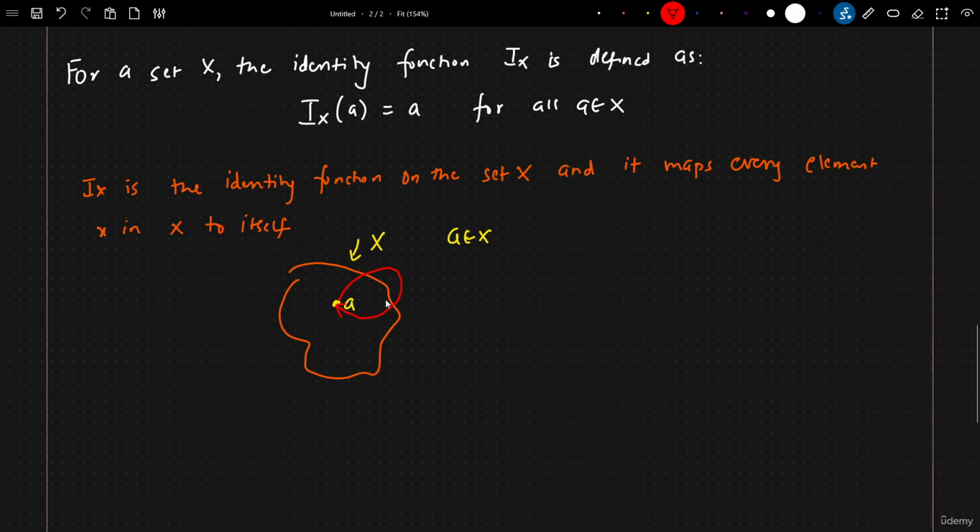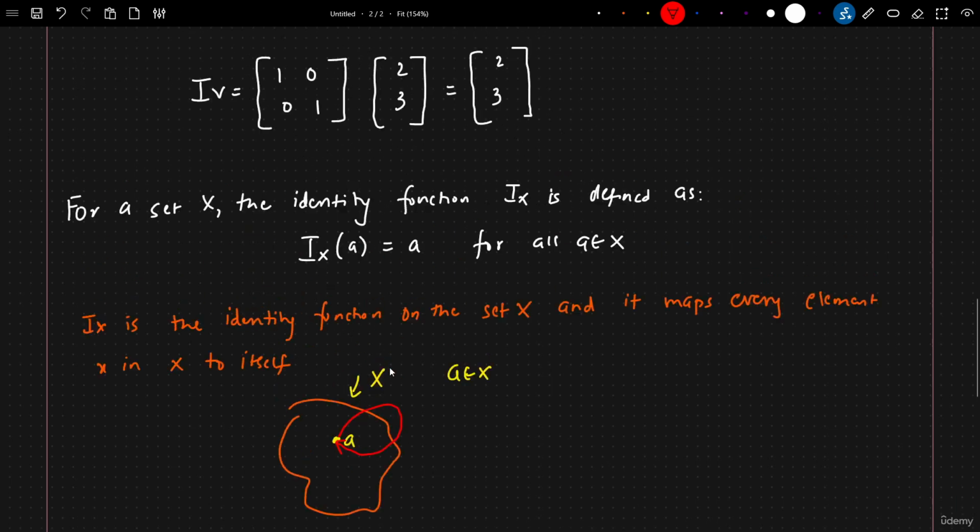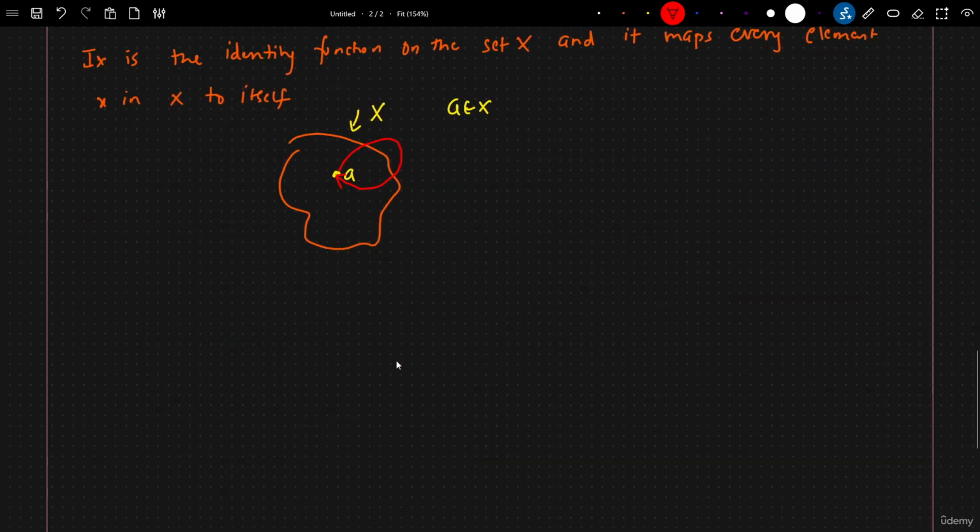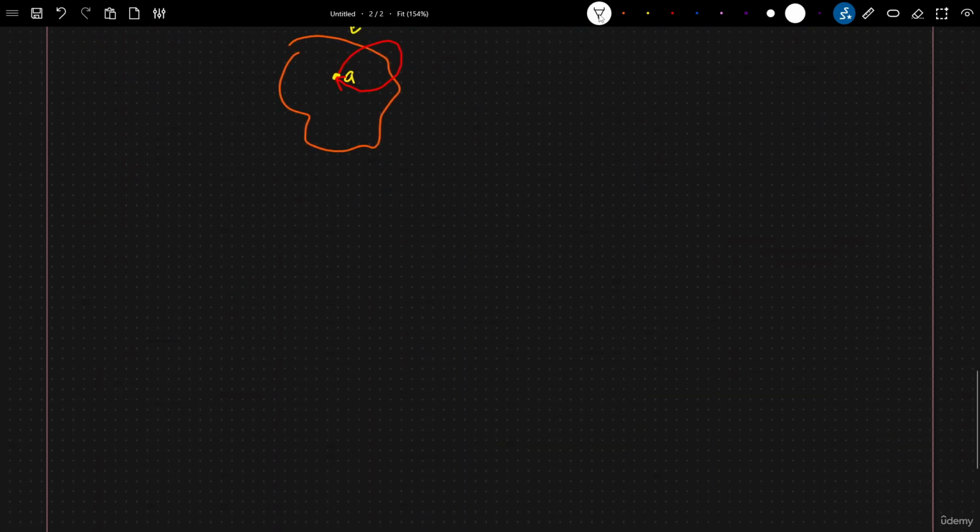Okay, the two important properties of identity function, which we also need to keep in mind. Let me go ahead and write the properties of identity function. This will all make sense once I give you multiple examples, and we also use a lot of identity functions in various algorithms for some purpose.